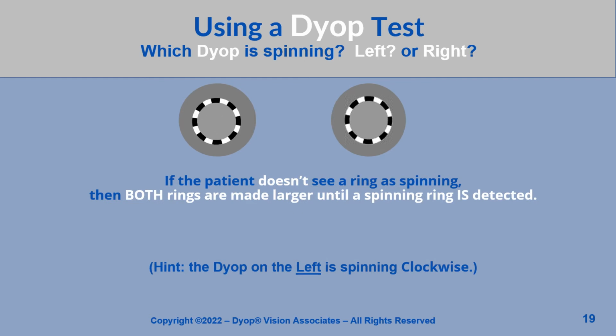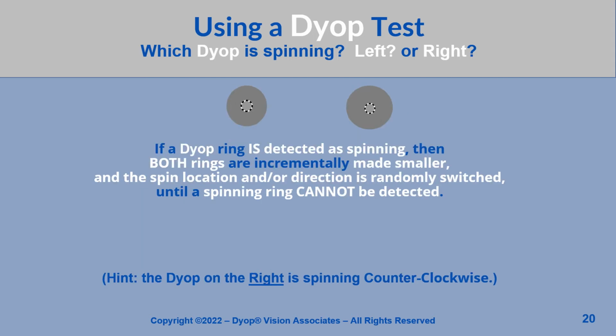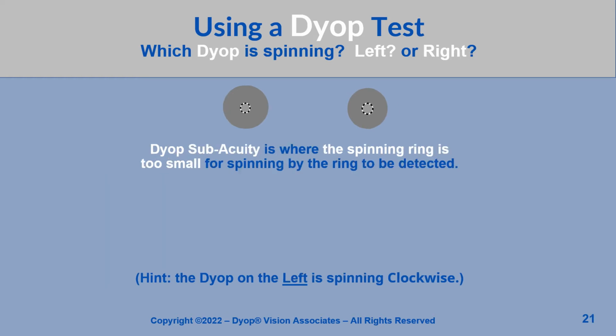If the patient doesn't see a ring is spinning, then both rings are made larger until a spinning ring is detected. If a diop ring is detected as spinning, then both rings are incrementally made smaller, and the spin location and/or direction is randomly switched until a spinning ring cannot be detected.